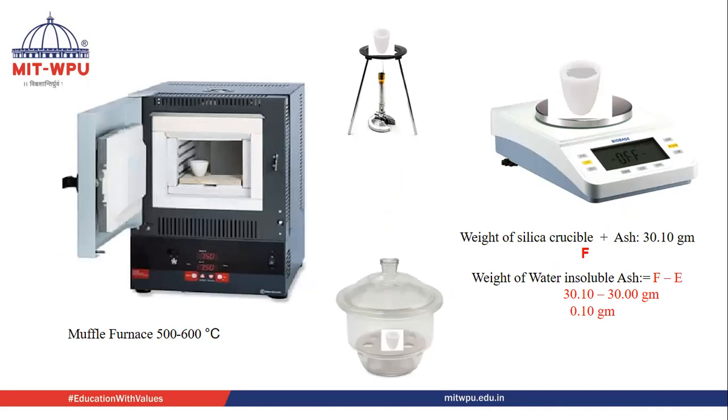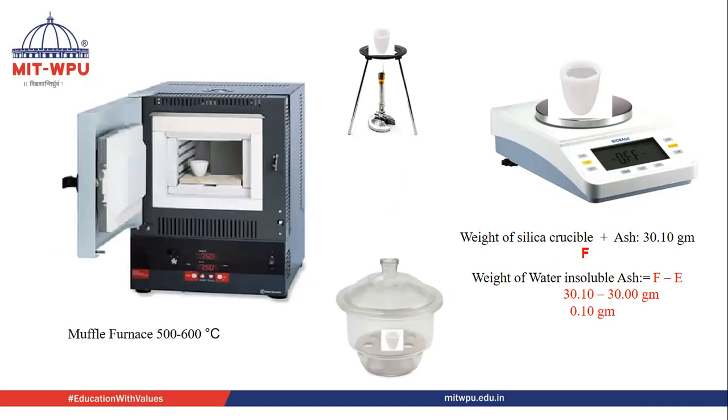When the Whatman filter paper is gone, since it is ashless filter paper, no ash will be formed. After that, I will keep it into the desiccator for cooling, and I will weigh it. So weight of silica crucible plus ash, for example, comes to 30.10 gram. I will label it as F.